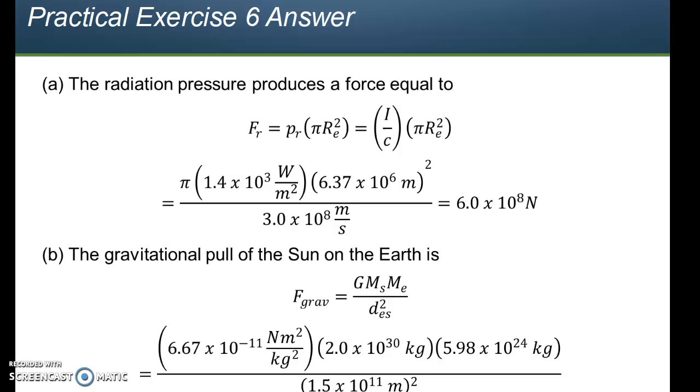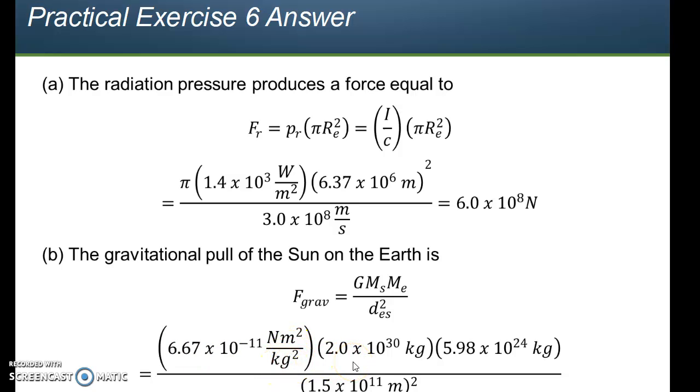Now, the gravitational pull of the sun on the Earth is our famous equation that we have from Newton. The gravitational constant, mass of the sun, mass of the Earth, the distance, this is not a diameter, this is the distance between the Earth and the sun squared. So this is 6.67 times 10 to the minus 11th newton meters squared per kilogram squared.